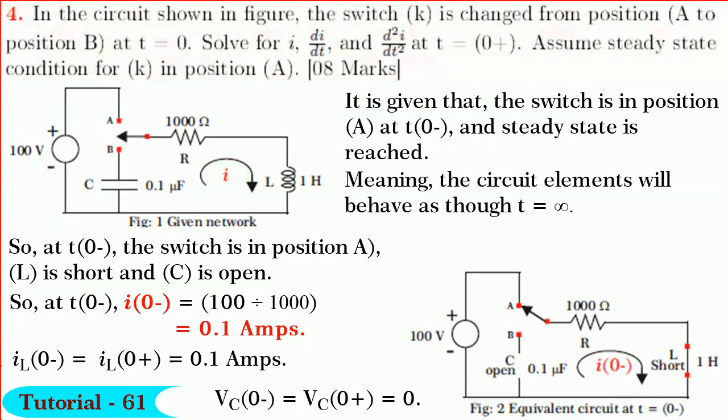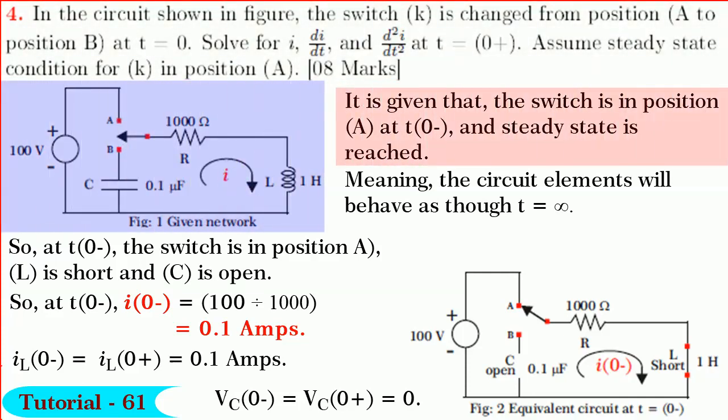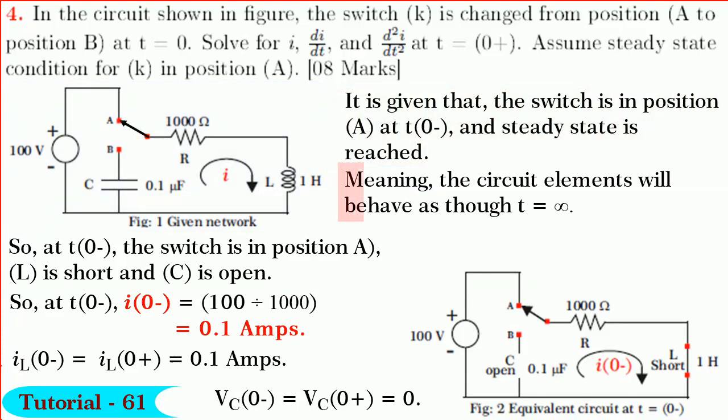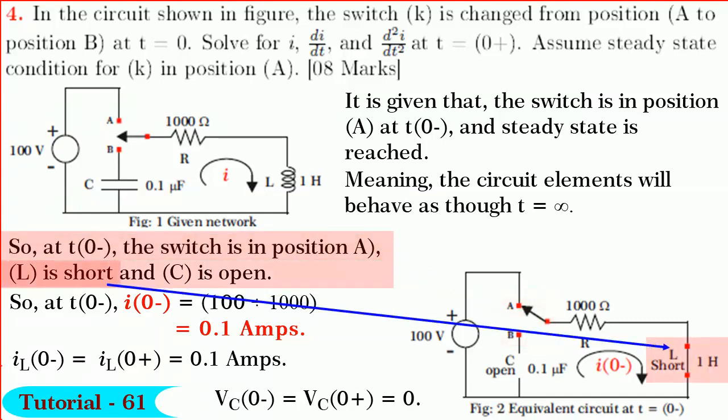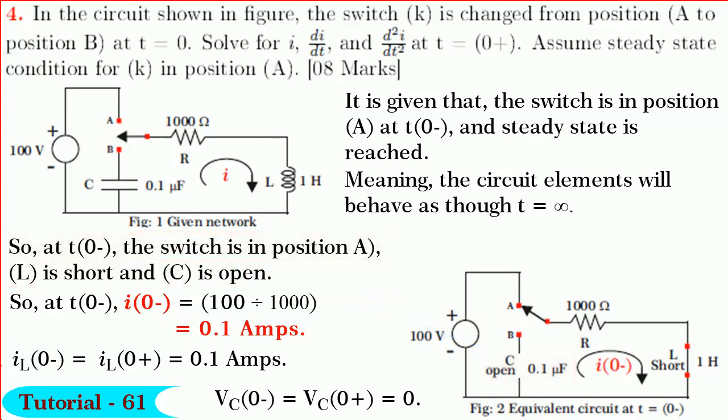It is given that the circuit has reached the steady state when the switch is at position A, meaning at t is equal to 0 minus, the circuit elements will behave as though they are at t is equal to infinity. Therefore, at t is equal to 0 minus, the switch is in position A, L is short and C is open. Incorporating these aspects, the equivalent circuit at t is equal to 0 minus is shown in figure.